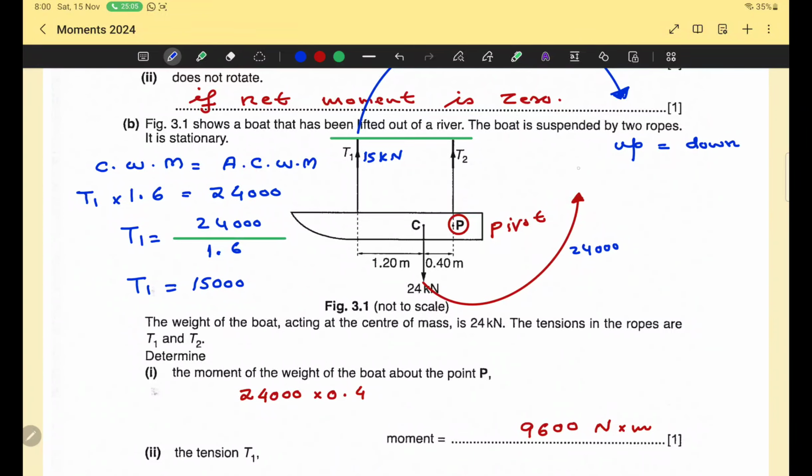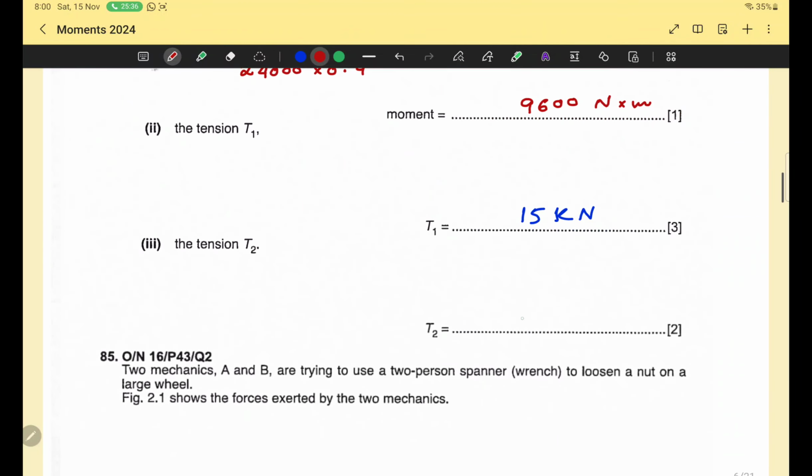Upward forces are T1 plus T2 and the downward force is only the weight, 24 kilonewton, that is the weight of the boat. If you are calculating T2, then T2 is equal to 24 minus 15. The answer is 9 kilonewton.